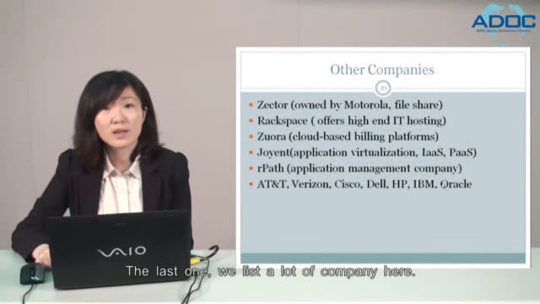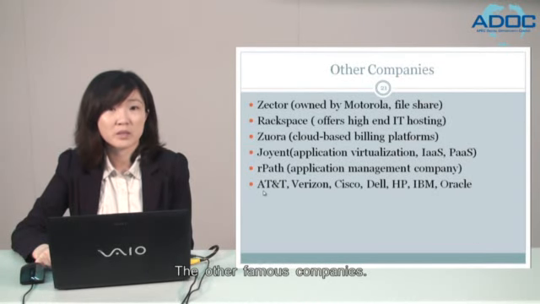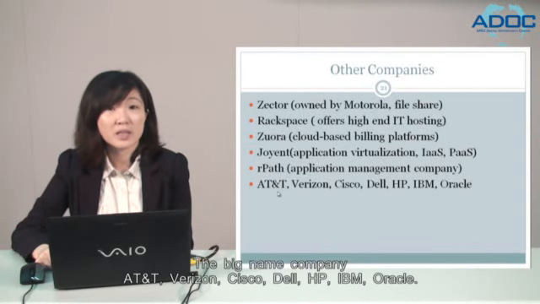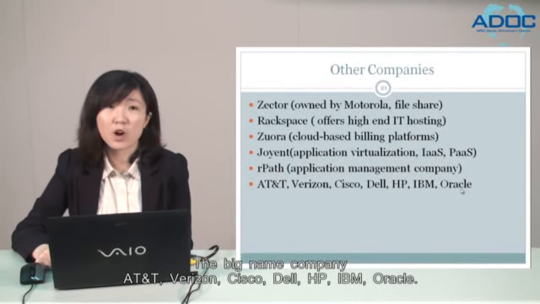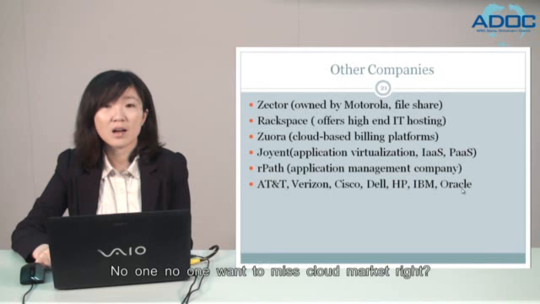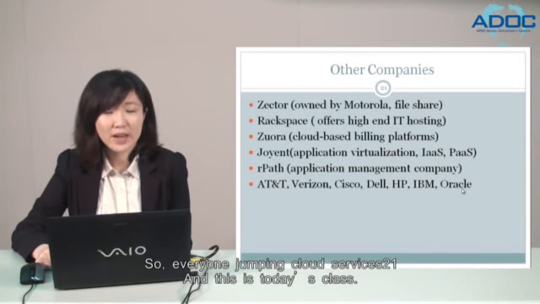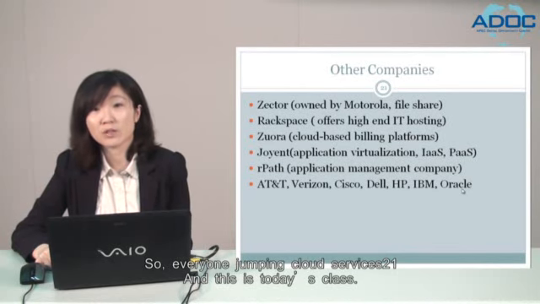The last one, oh, we list a lot of companies here, all the famous big-name companies, AT&T, Verizon, Cisco, Dell, HP, IBM, Oracle. No one wants to miss the cloud market, right? So everyone is jumping into cloud services.